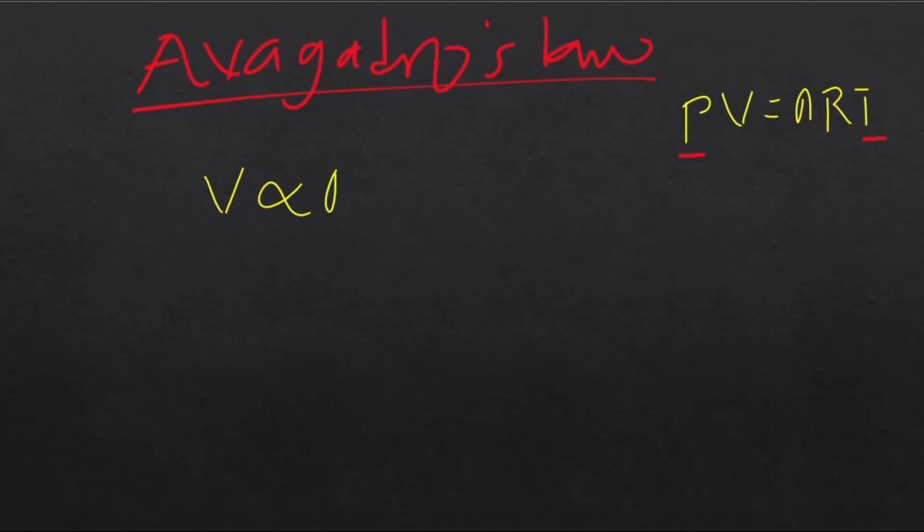This is called Avogadro's law. Avogadro's law simply states that at constant pressure and temperature, the volume is directly proportional to the amount of gas available. This is general constant temperature and pressure, but not at standard temperature and pressure.